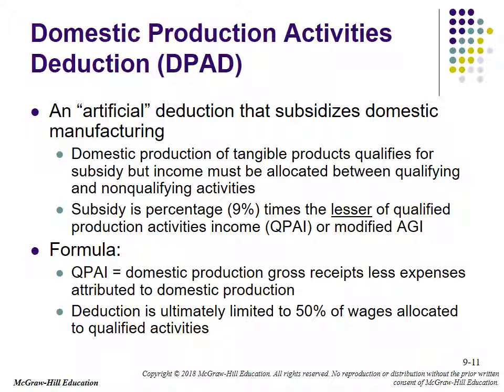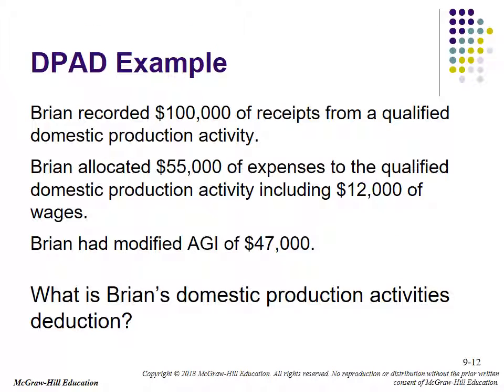So we look and say, how much of the wages were spent on domestic production? 50% of that is ultimately the limit. So if 9% of your qualified production activities income or modified adjusted gross income is greater than 50% of wages, then you will use 50% of the wages.